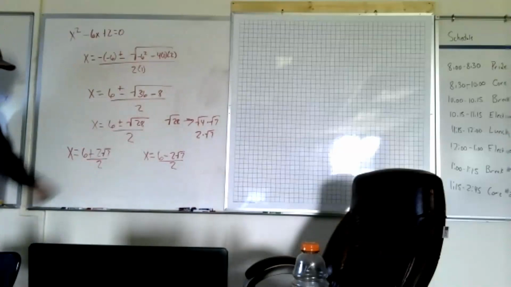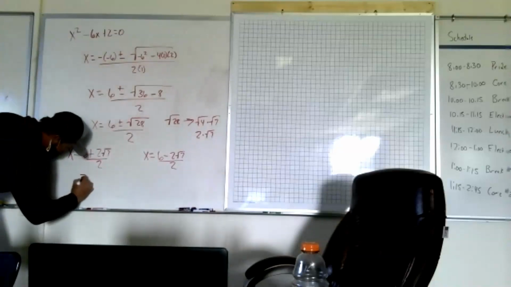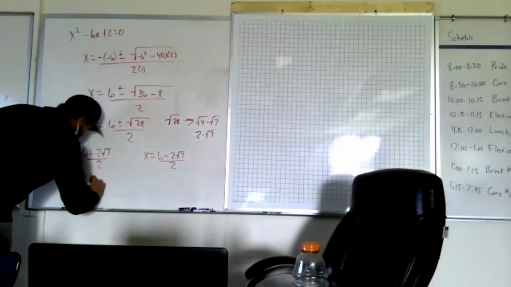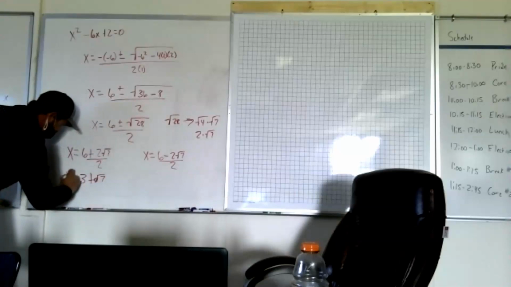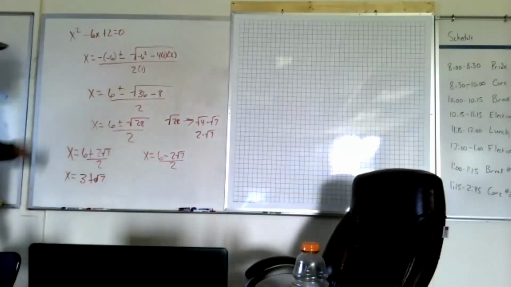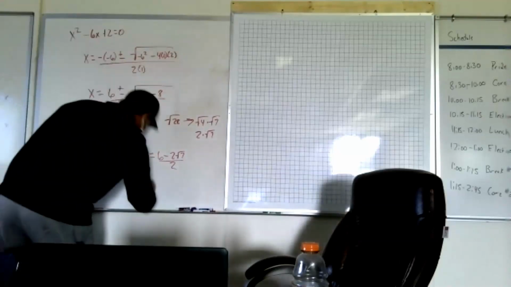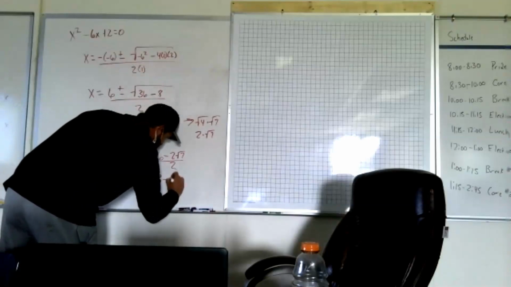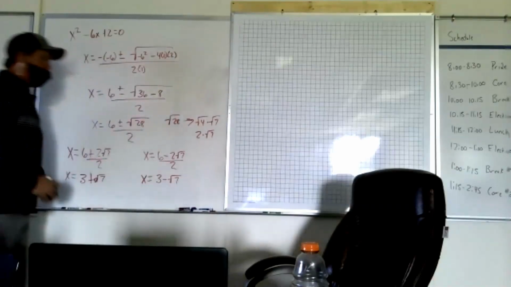So 6 divided by 2 is 3. 2 square root of 7 divided by 2 is just the square root of 7. So x is equal to 3 plus the square root of 7, and x is equal to 3 minus the square root of 7.